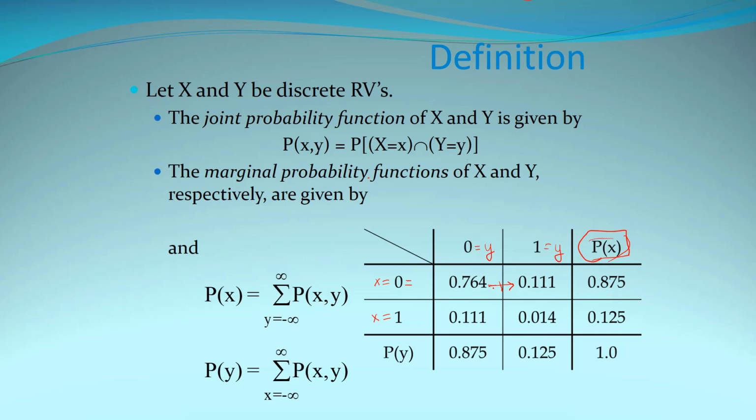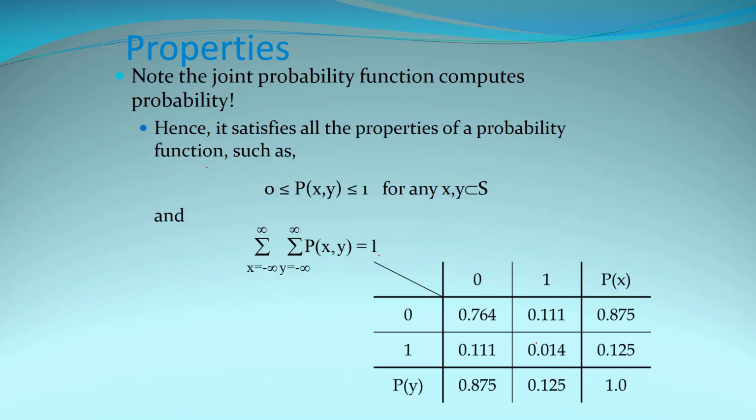And likewise for y, we sum across the x's. And that's what this is doing, summing across the x's in order to get the marginal probability density or distribution. So notice here that if we look at the properties of the probability function, they are all satisfied.